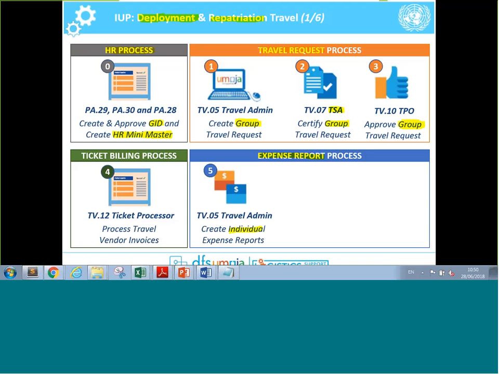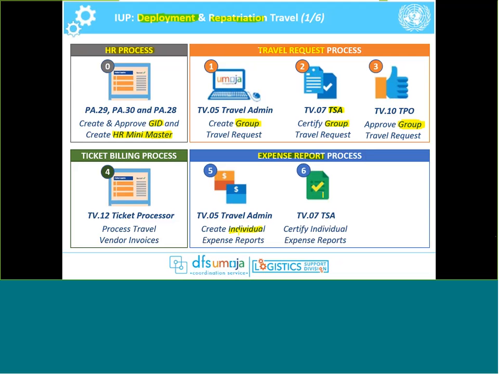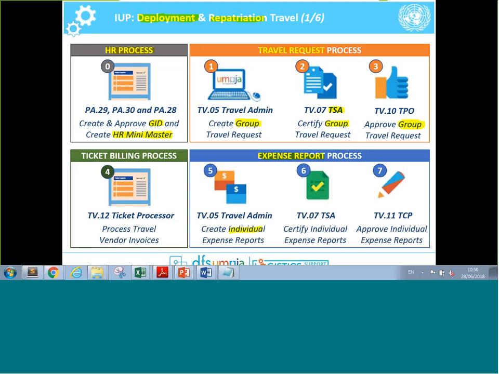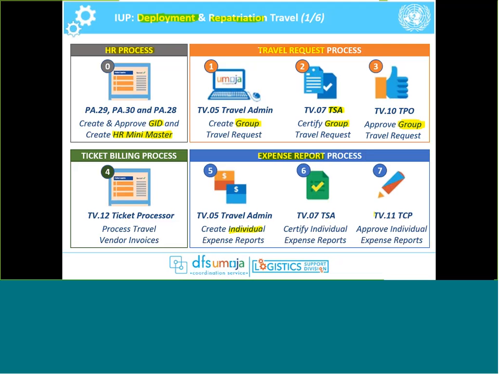So you, as a travel claim processor, will always receive, as the expense report approval process is the same, they go first to the certifying officer, and lastly, you will receive in your approval work center the individual expense report.